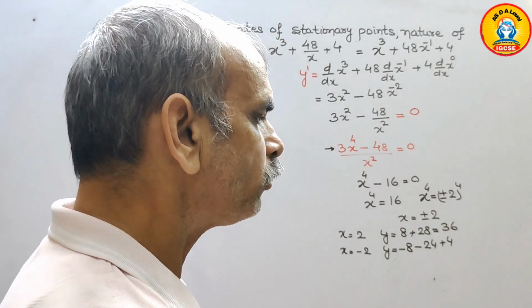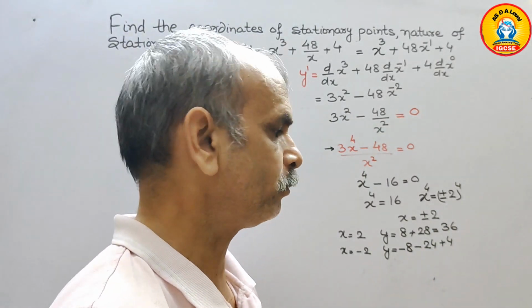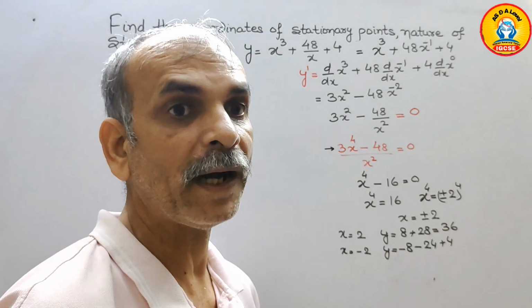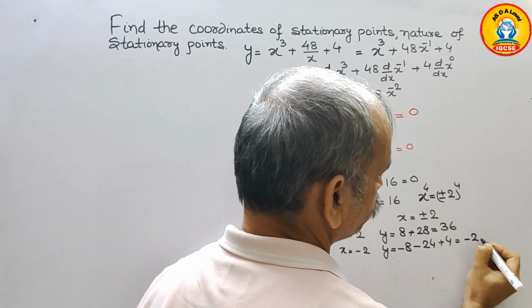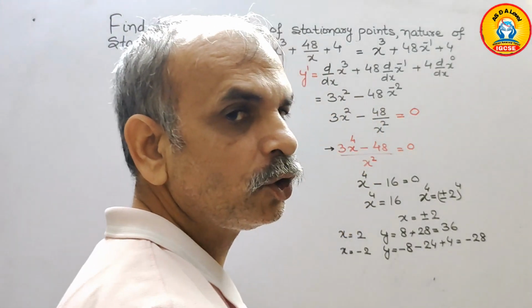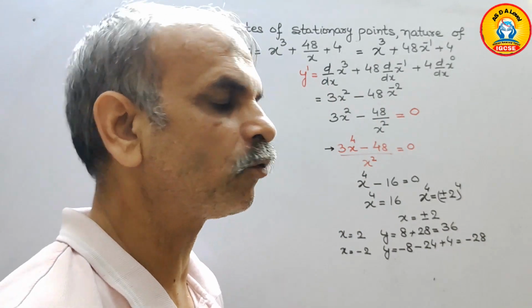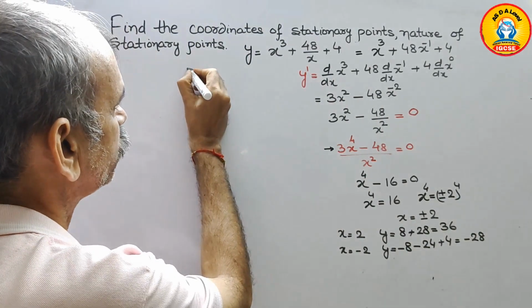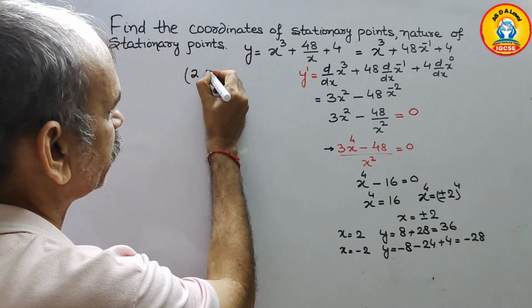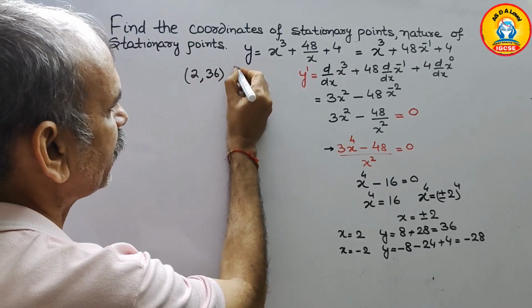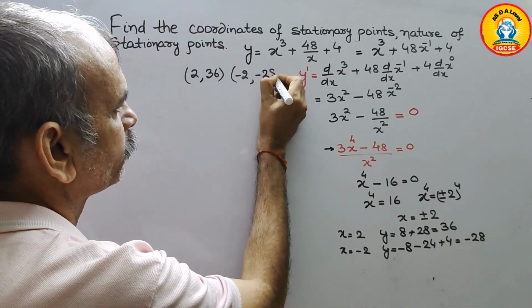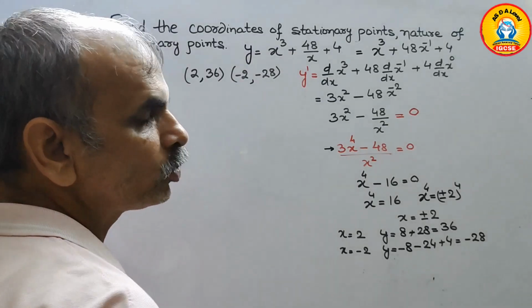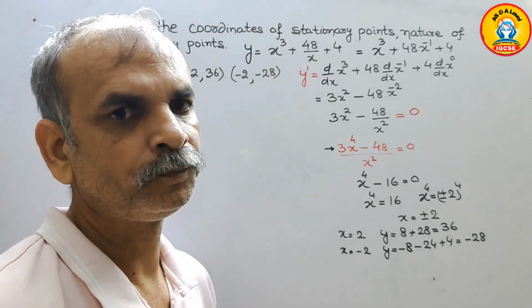Minus 24 plus 4 is minus 20. Minus 8 minus 20 is minus 28. Therefore your two stationary coordinates are first 2, 36, and second minus 2, minus 28. So these are your two stationary points.